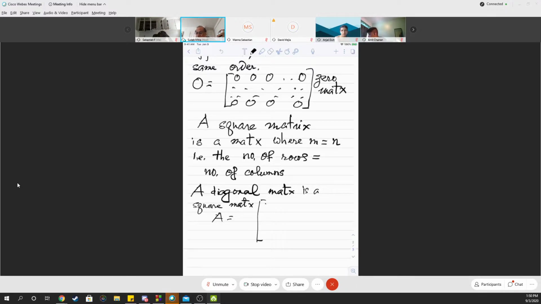So when I say a square matrix is a matrix where m equals n, we say a matrix of order n, a square matrix of order n. So here, this is the diagonal. Everything else is 0.